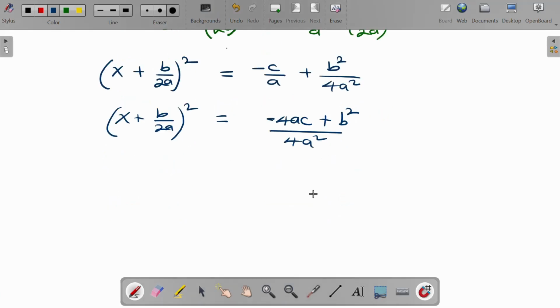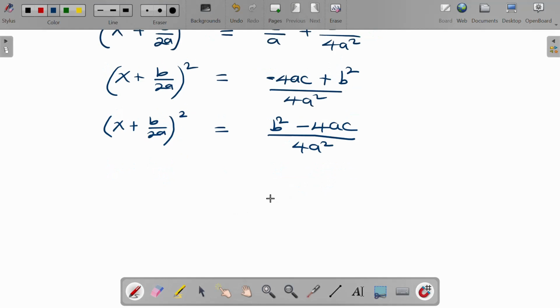Then next, we have x plus b over 2a, squared, equals, so we can now begin with the positive b squared, minus 4ac, over 4a squared. So from this part, we can now take our square root on both sides.